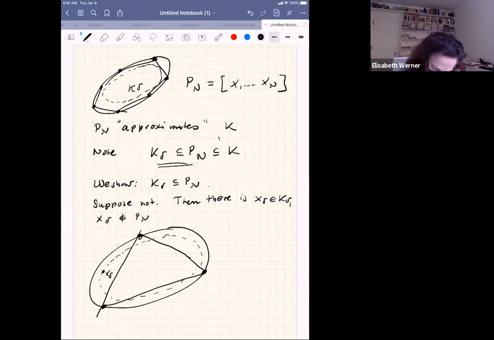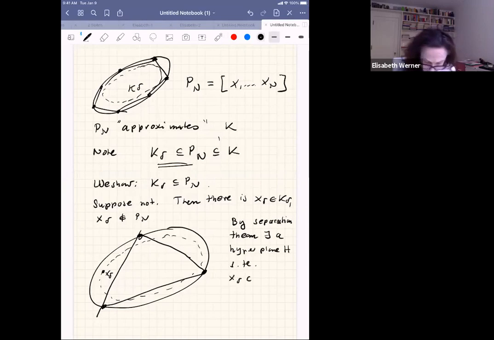But then we know by the separation theorem, by the Hahn-Banach theorem, by separation of a convex set and a point, there exists a hyperplane H such that x delta is in one of the half spaces, say H minus, and Pn is in the other half space, H plus.